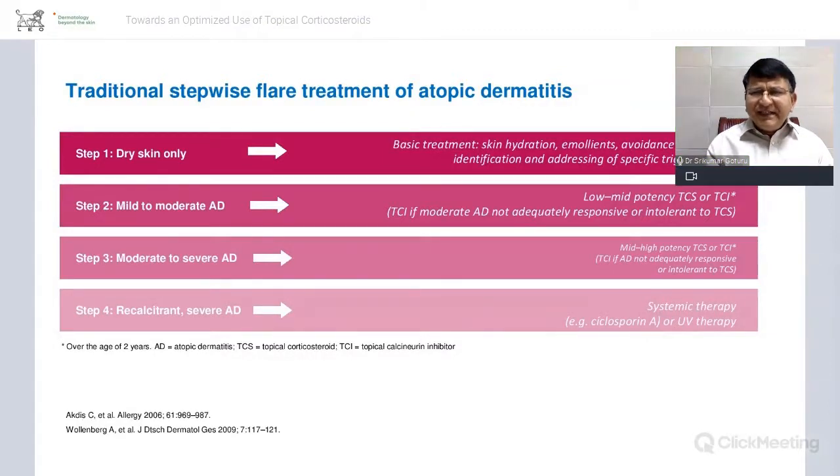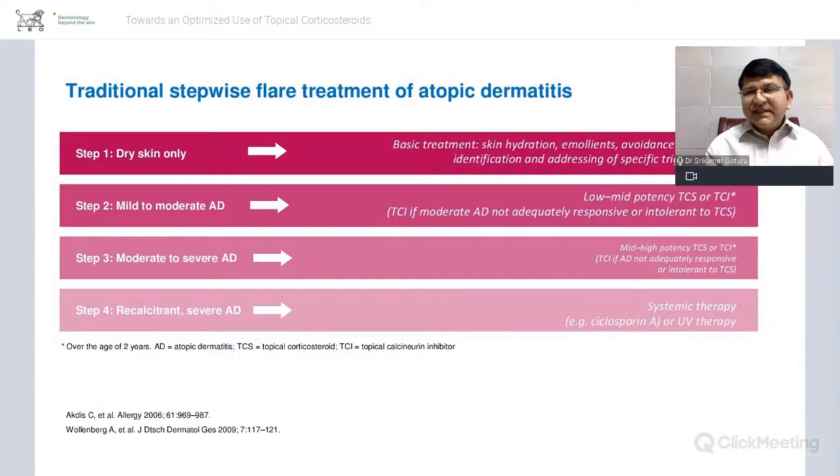So basically, we need emollients and skin care throughout the life of atopic dermatitis patients. The big difference between emollients and the medications which are used topically, which are medicated, is that we can use them more frequently. In fact, we need to use them as frequently as possible, and they are the mainstay of therapy.